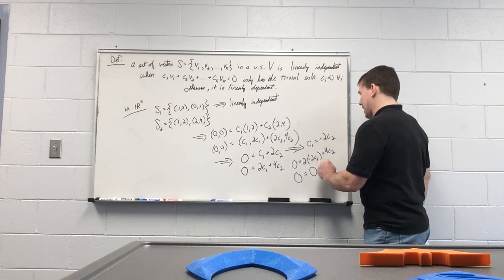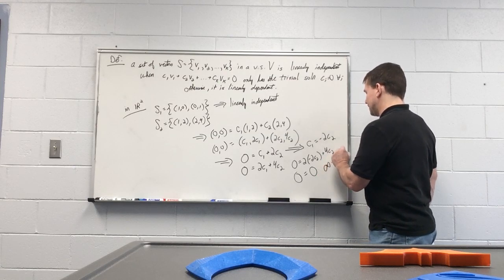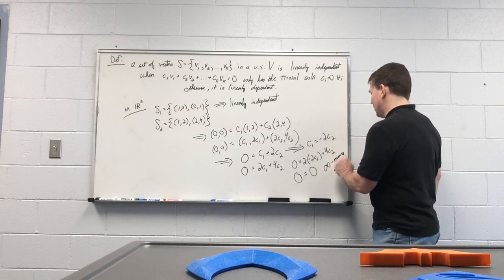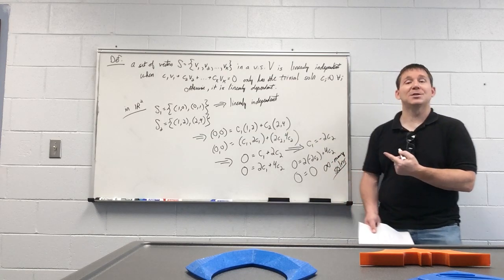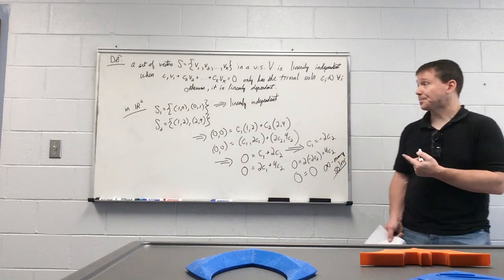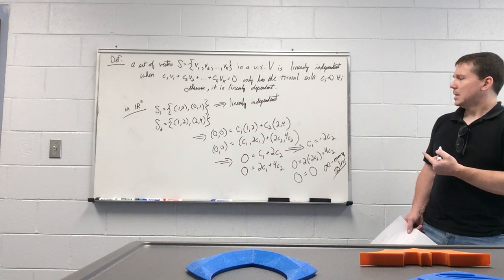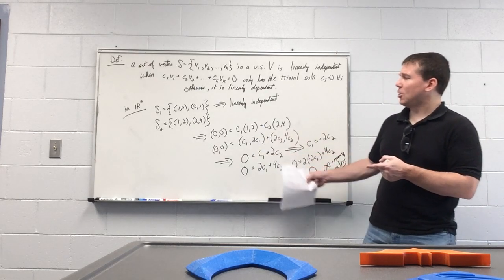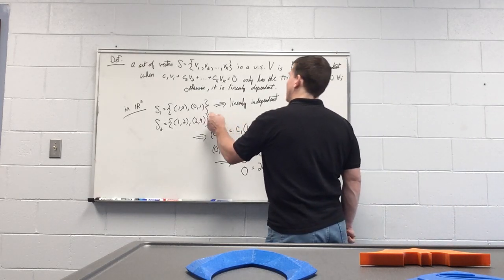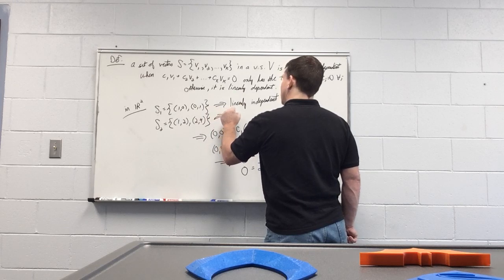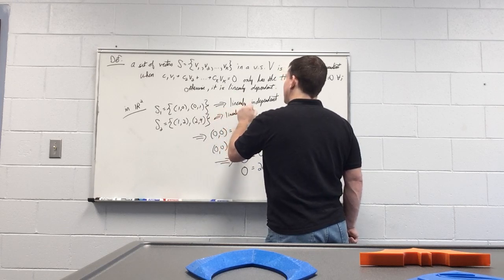Which means this actually has infinitely many solutions. And yes, I am doing this rather briefly with a system of equations. You can also do it in matrix form. But that means I can get a whole lot of solutions to this, which means this is linearly dependent.